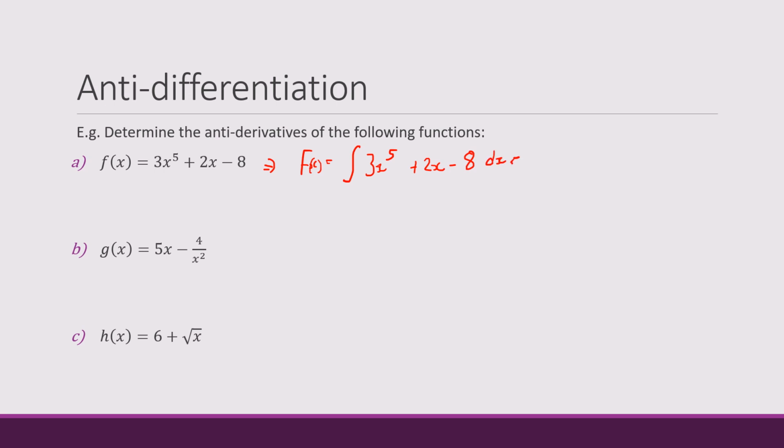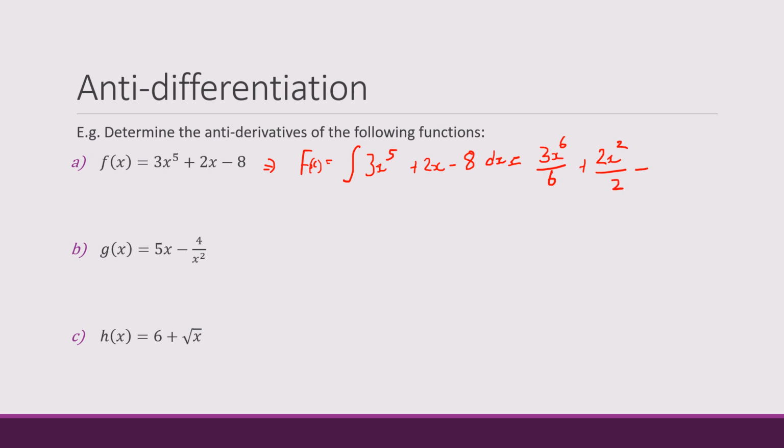Now when we have multiple parts here, we'll just do each one at a time and integrate each one according to the rule. So we start off with x to the 5, that will become x to the 6. Then we'll divide by that new power, so divide by 6. Our next term will be 2x squared, divide by that new power, that's 2.